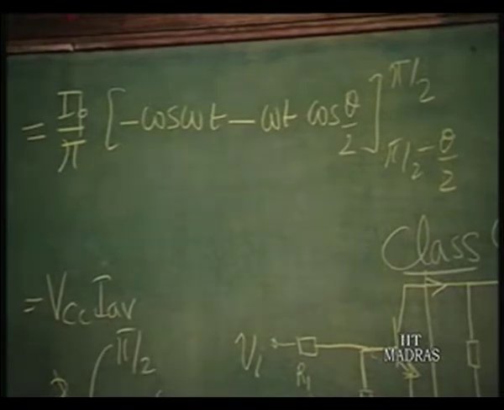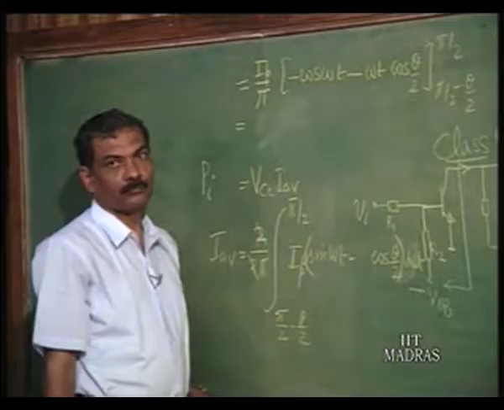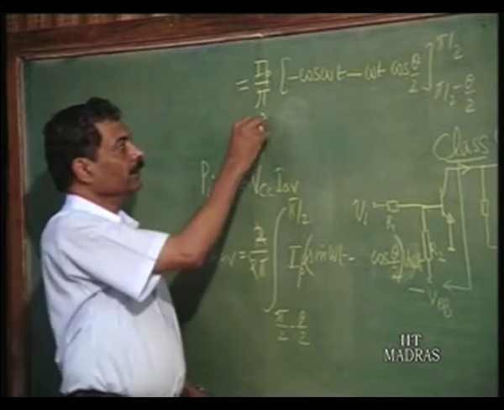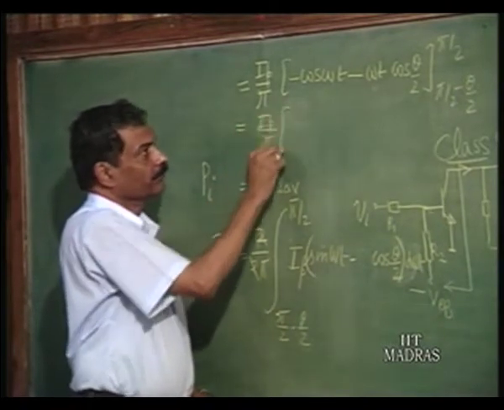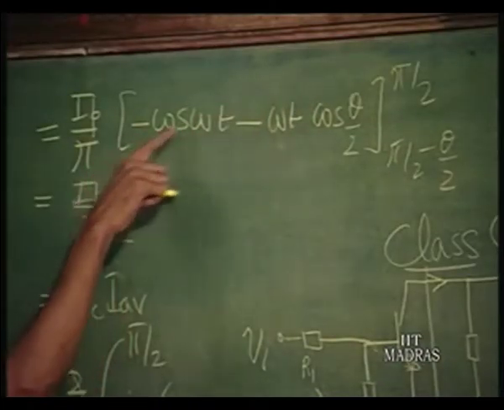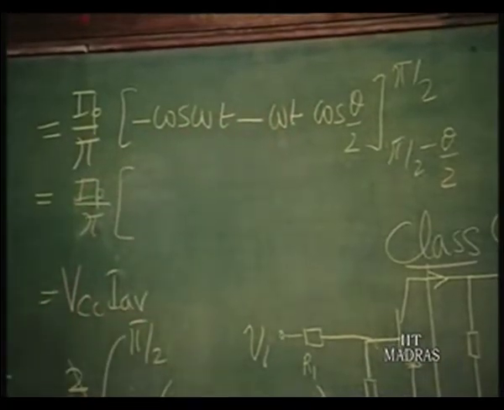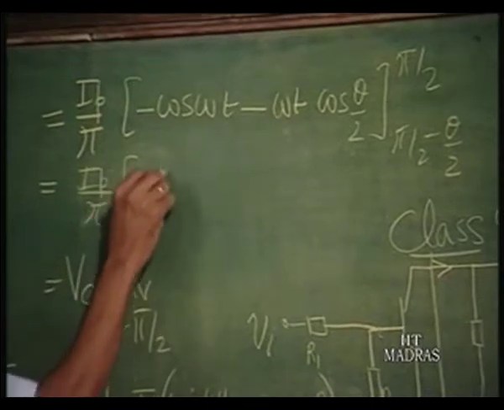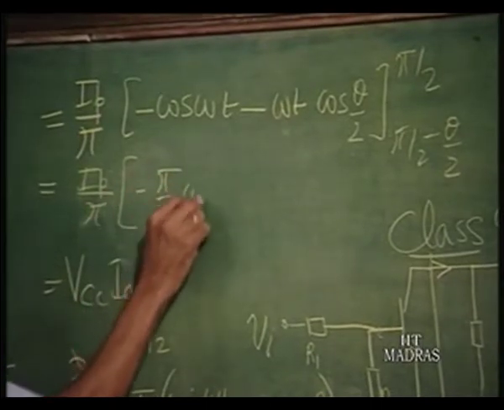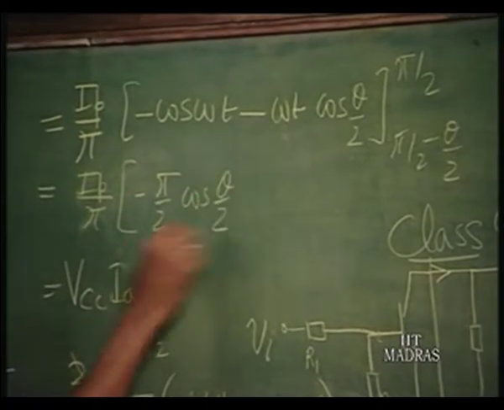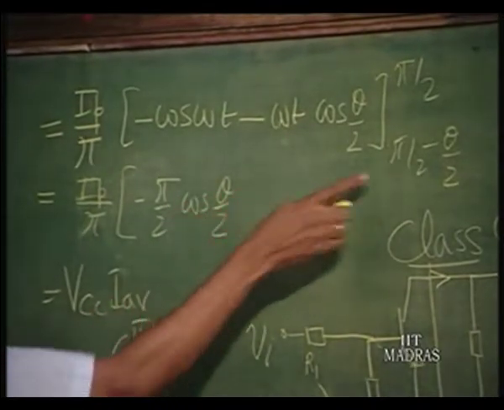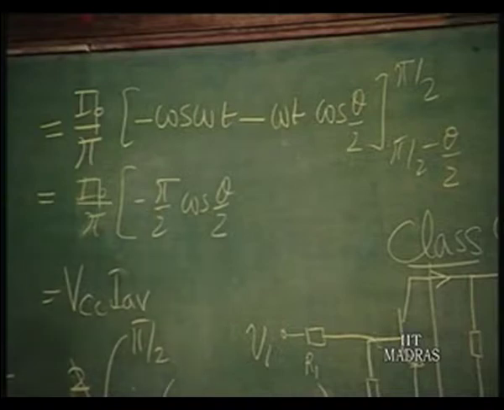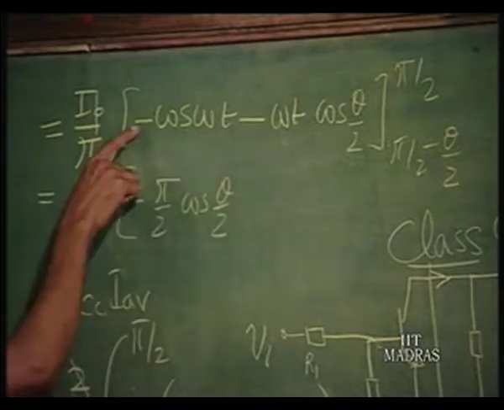So, this is the average. So, this is equal to I p by pi, minus cos pi by 2 0 minus pi by 2 cos theta by 2, then the other limit which is minus, okay, minus this.